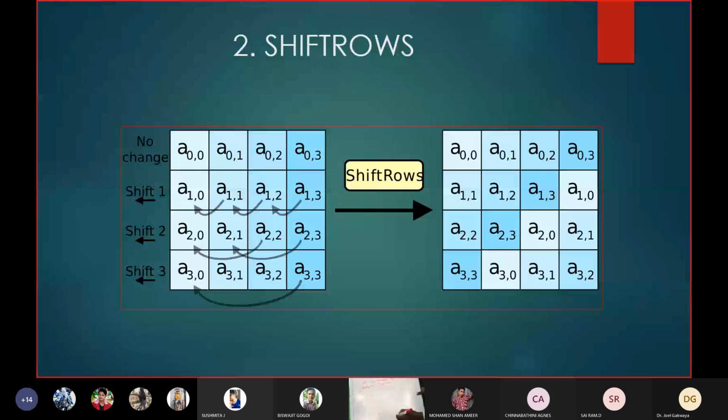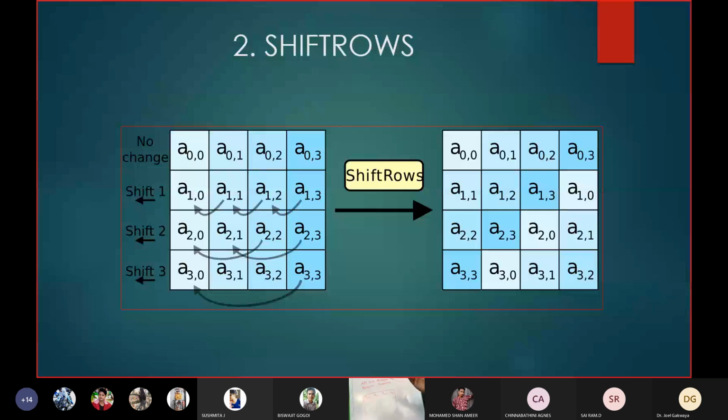As you can see, for the first row, he mentioned that A00, A01, A02, A03 will remain unchanged. For row number 2, we are going to shift one byte, one step from right to left.